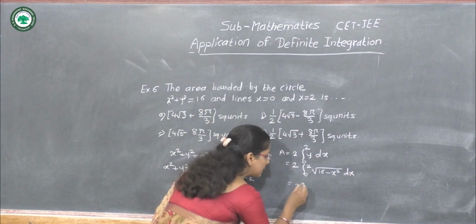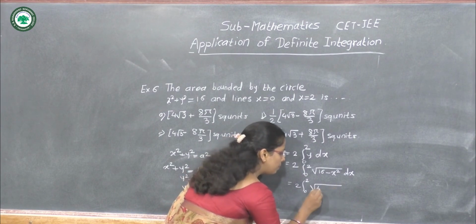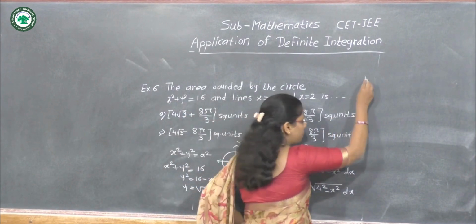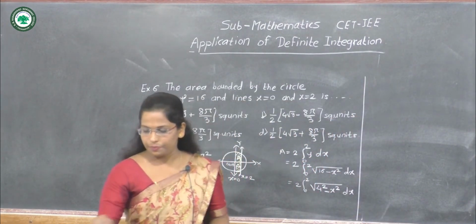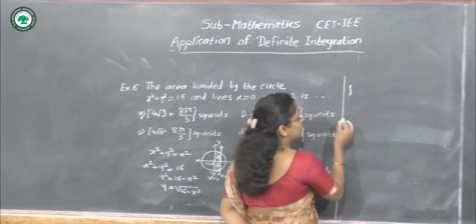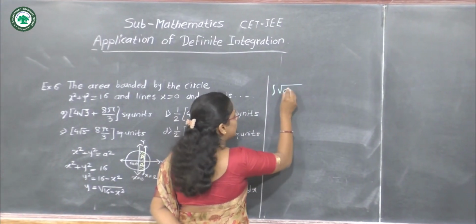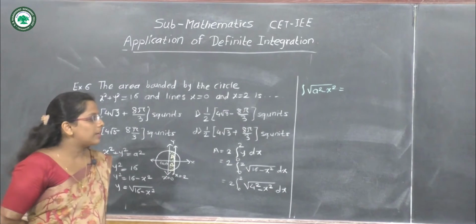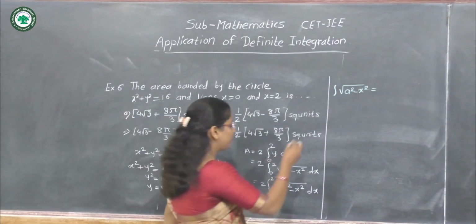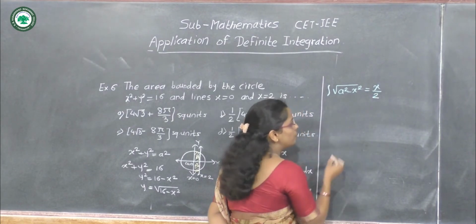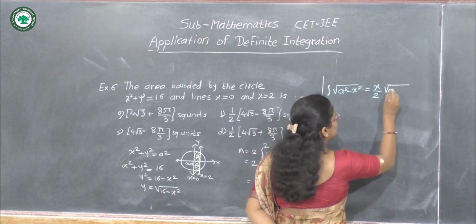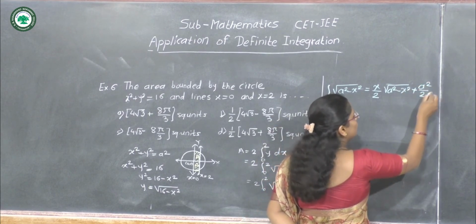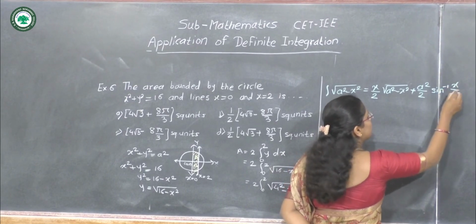16 can be written as 4 square minus x square dx. Now we know the formula: integration of square root of a square minus x square is x upon 2 square root of a square minus x square plus a square upon 2 sin inverse x upon a.